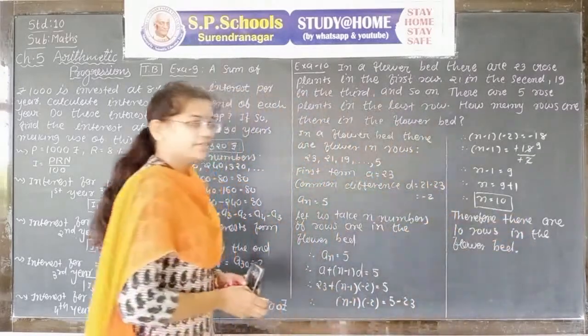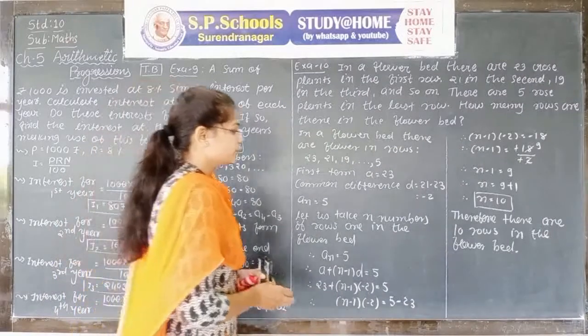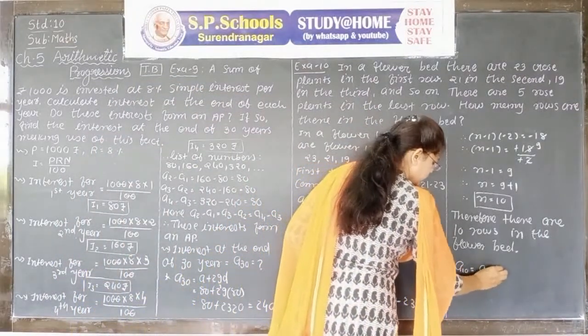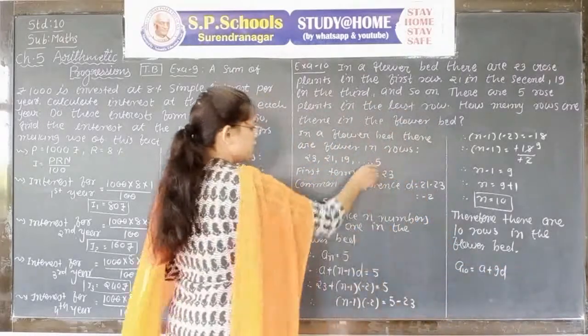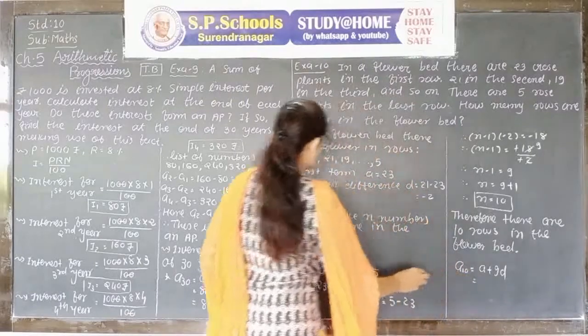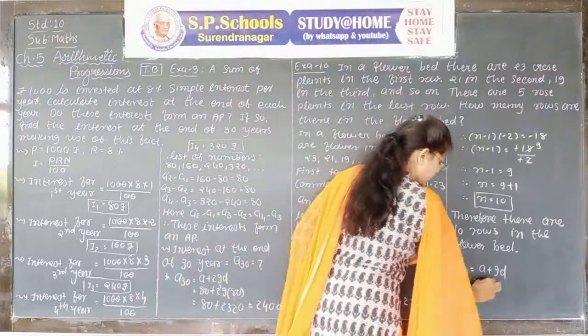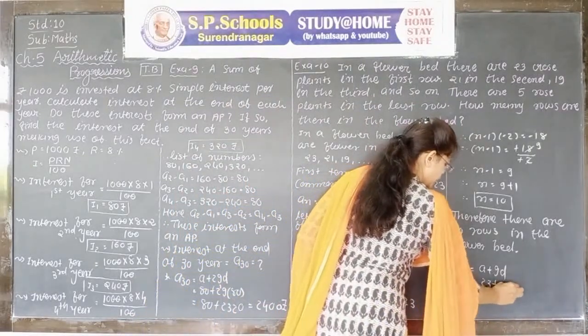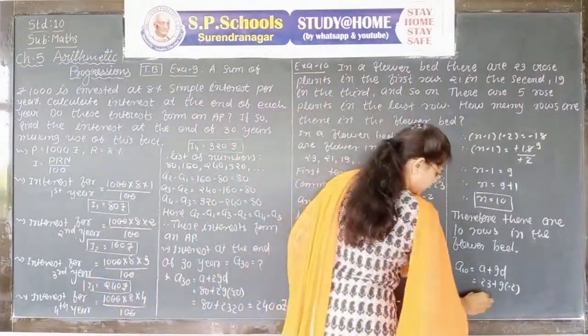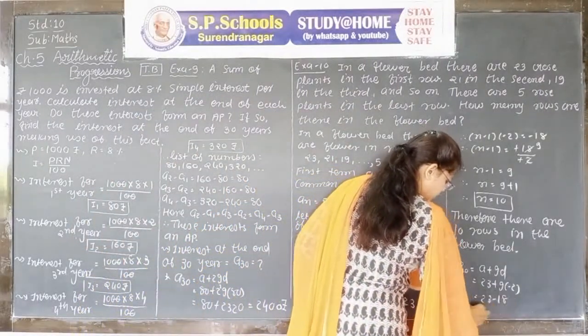If you are verifying using n equal to 10, find A10. If A10 is 5, then the answer is correct, where first term A is 23, plus 9 into D, which is minus 2. 23 minus 18, we get 5.